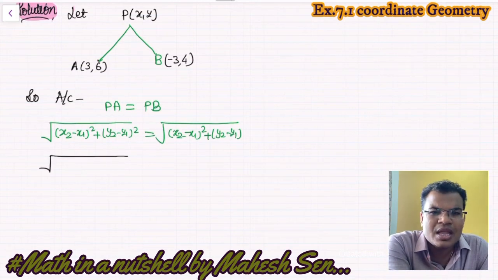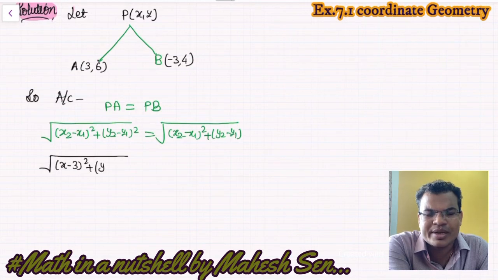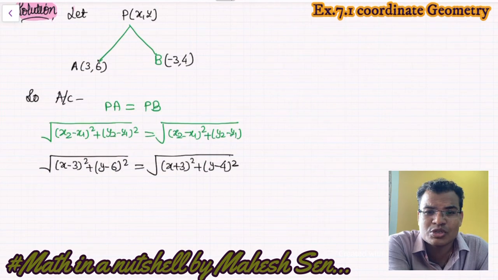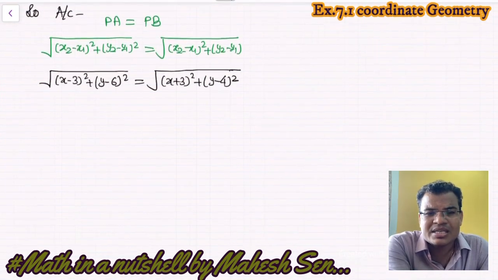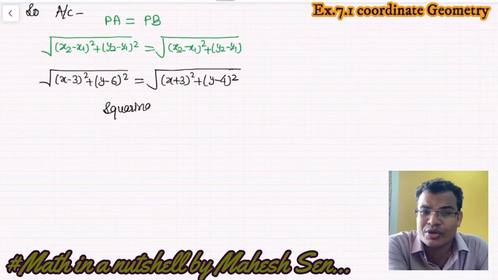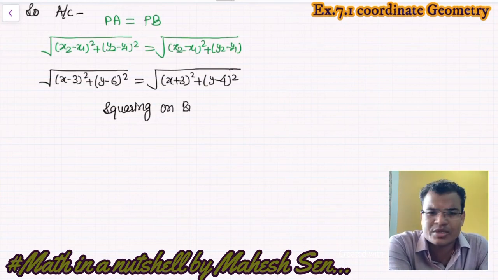So under root x minus 3 whole square plus y minus 6 whole square. This is basically the identity we'll apply after some time. So this is under root x plus 3 whole square plus y minus 4 whole square. So basically the distance formula is over. After this we'll square both sides, because I don't want the square root sign.